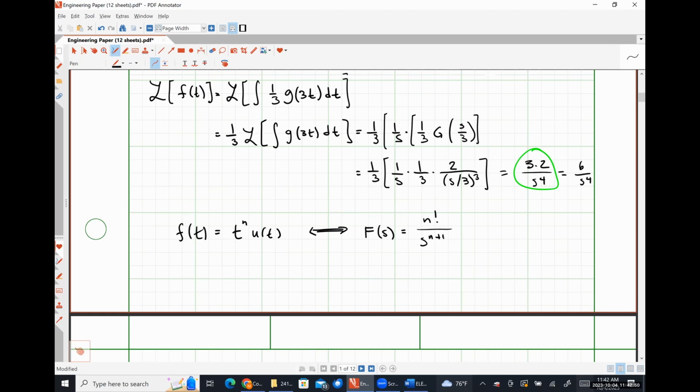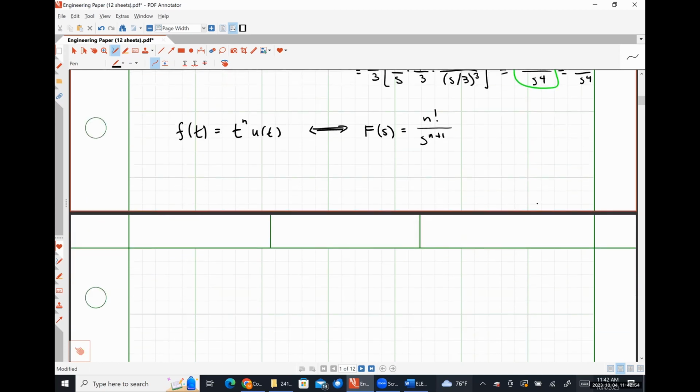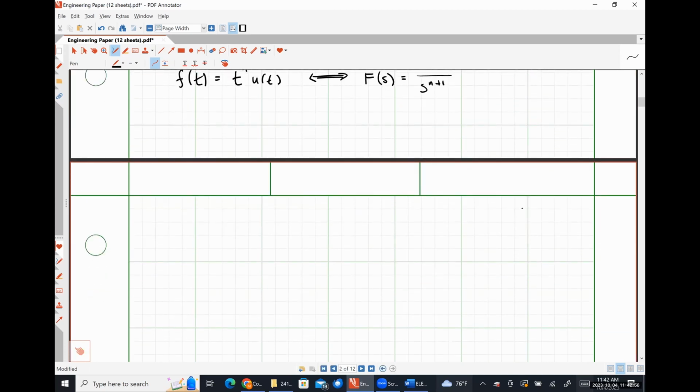So now let's look at f of t equal to t to the n e to the negative at u of t, right? So how can we express this as something we already know the Laplace transform of?